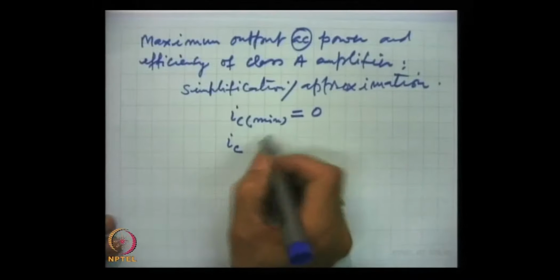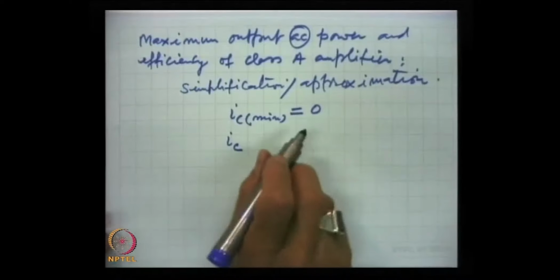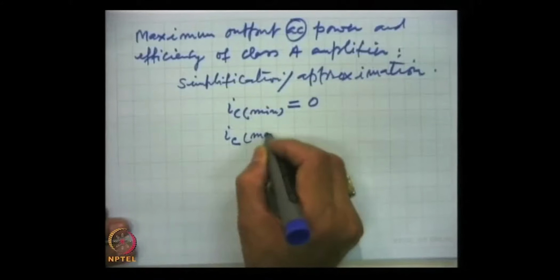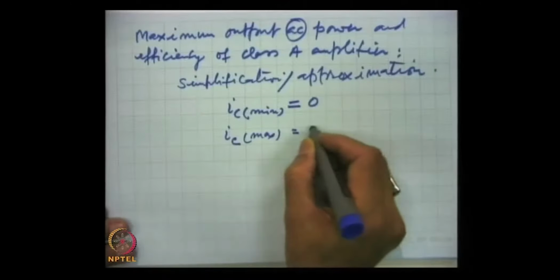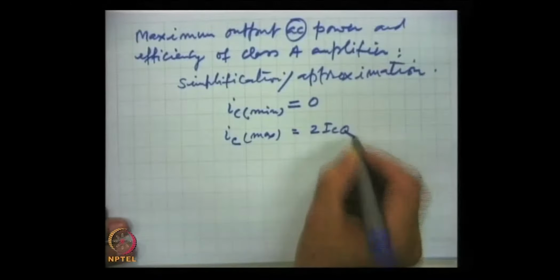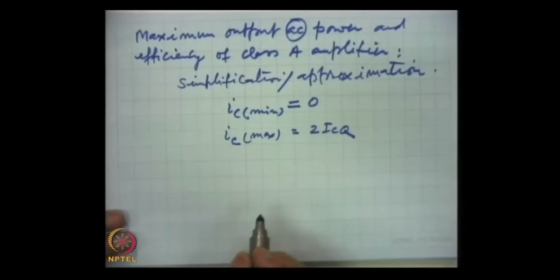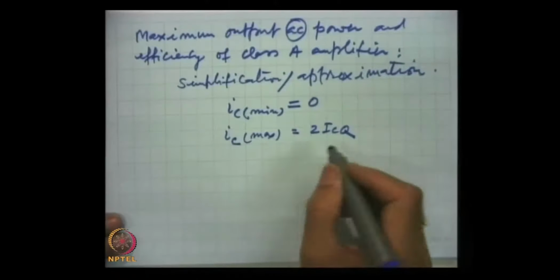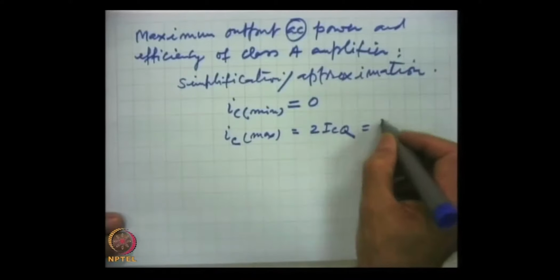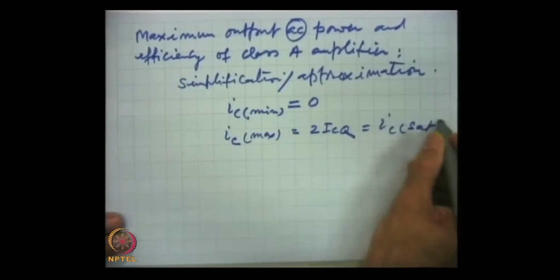These points will become clearer, and the approximation they bring to the analysis is just a few percent, which is tolerable in all electronic circuits. IC max is taken as 2 ICQ.